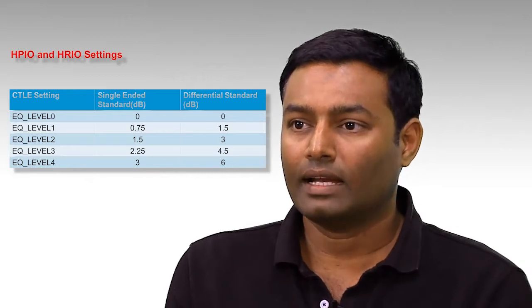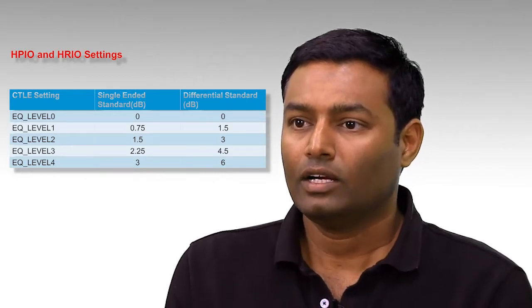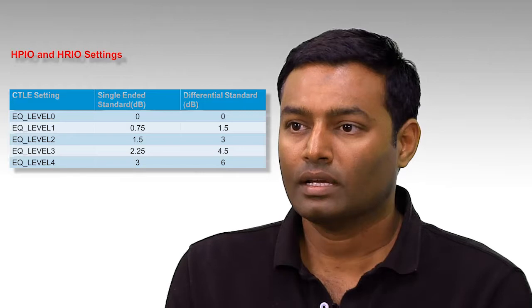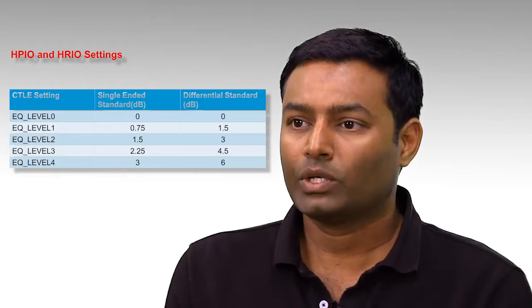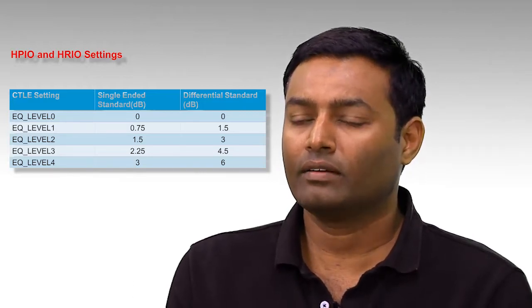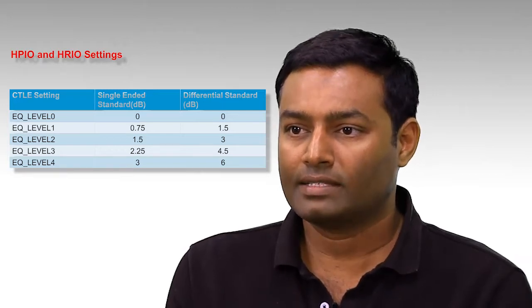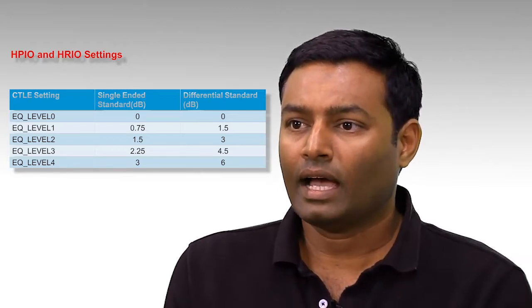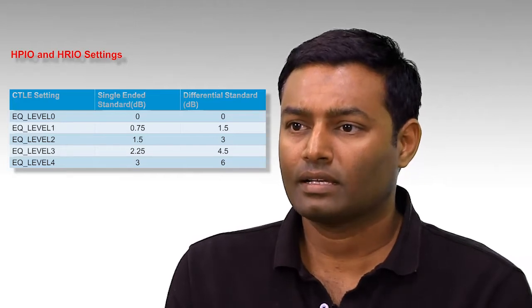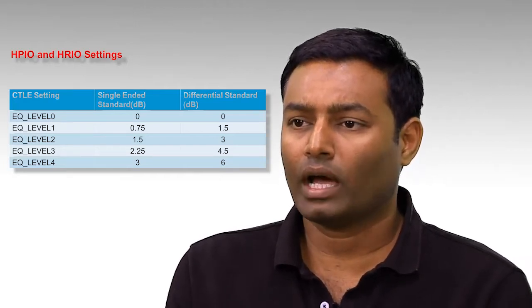CTLE functions as a high-pass filter that is designed into the receiver circuit to compensate for the low-pass behavior of the channel. When selecting a CTLE gain setting to compensate for the channel loss, it is important to ensure that the peak of the CTLE frequency response is at the optimal frequency and gain setting. The CTLE has 5 different gain settings to optimize the receiver eye opening.